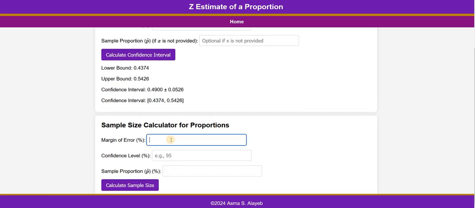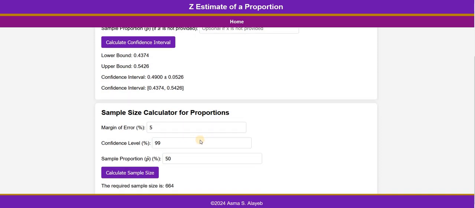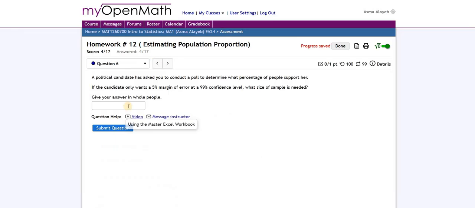It's the last part. The margin of error is 5%, so I'm just going to say 5 because it asks us to put it in percent form. And then the level of confidence is 99. And then the sample proportion is, because it's not given, we're going to say it's 50%. So now we're going to calculate, and 664 is the answer.